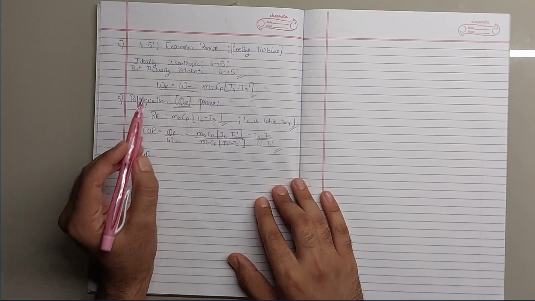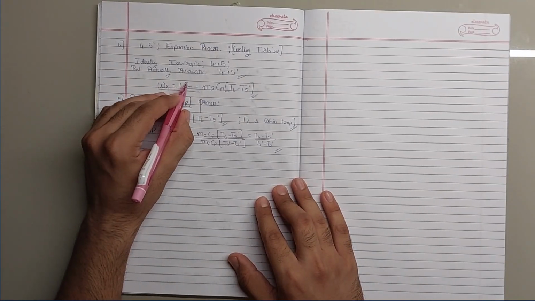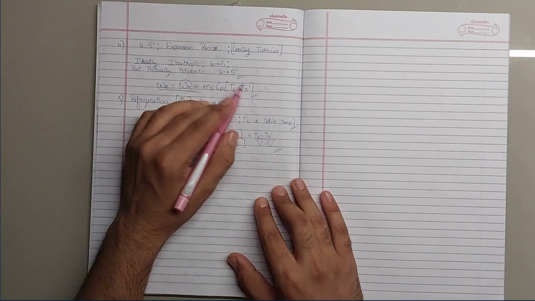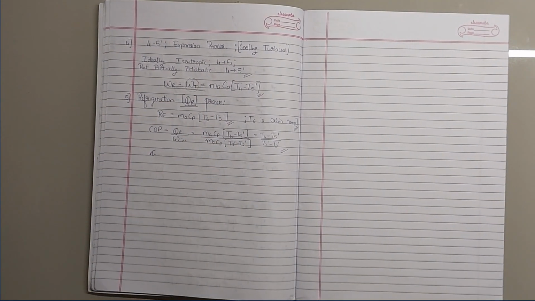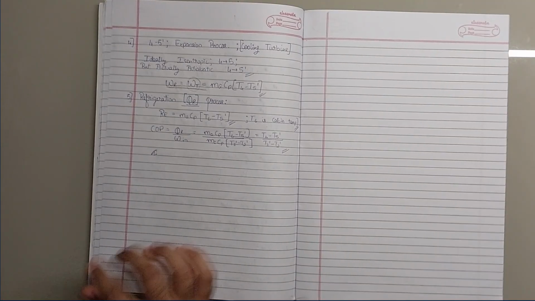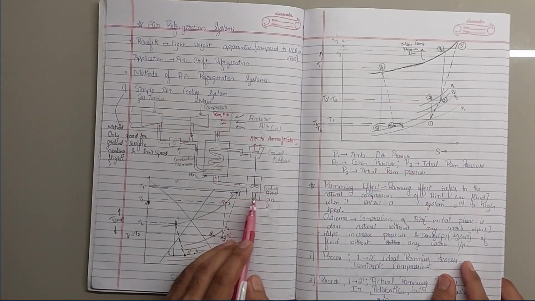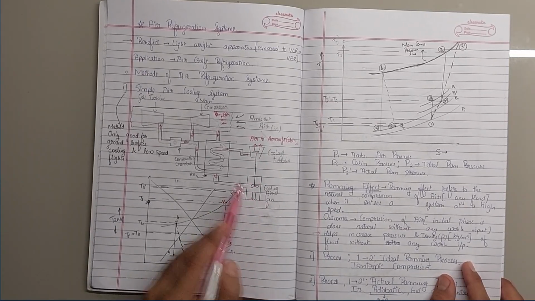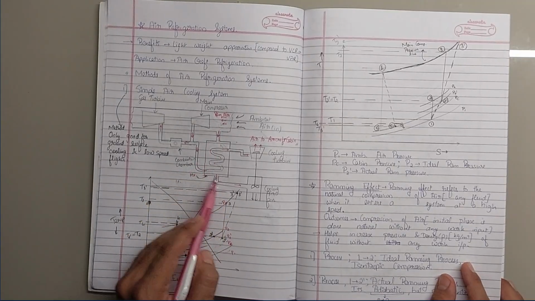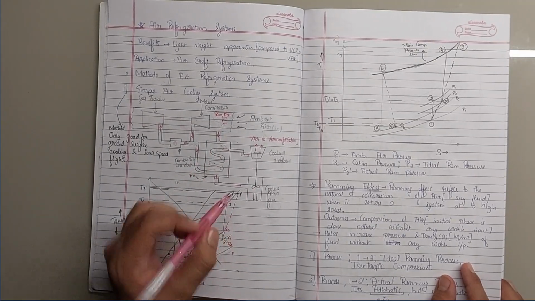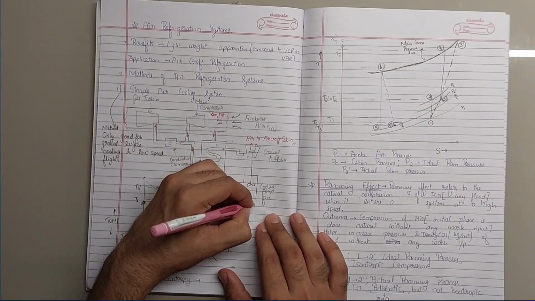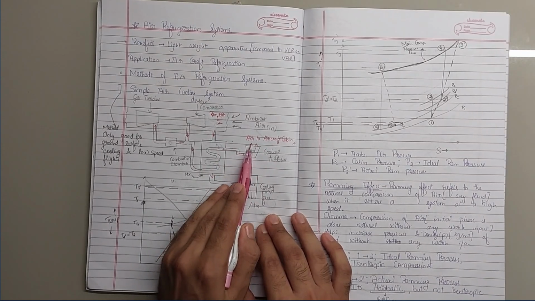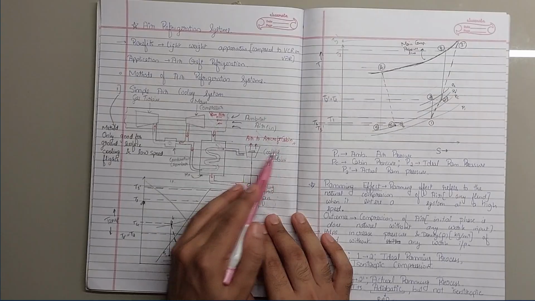Expansion is always done in a turbine, so this turbine gives out some work, MA CP into (T4 minus T5 dash). This turbine rotates a shaft connected to this fan, wherein the rammed air coming out from the shell is pushed back into the atmosphere, and after the turbine expands, this air flows into the aircraft cabin.